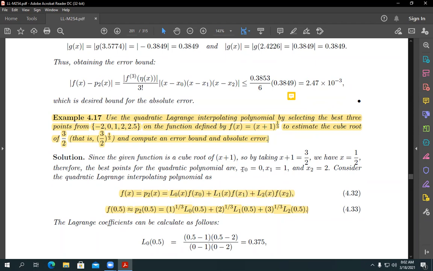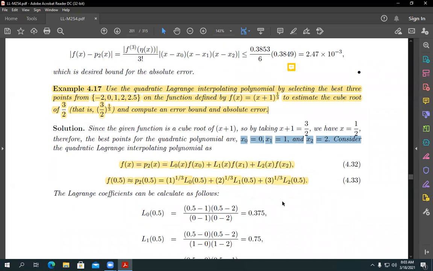What is f of x0? x0 is 0, so you can easily find f of x0 by putting x equal to 0. So 1 power 1/3, which is 1. What is f of 1? You can easily find f of 1 from here: 1 plus 1, 2 power 1/3. And f of 2 is 2 plus 1, 3 power 1/3.